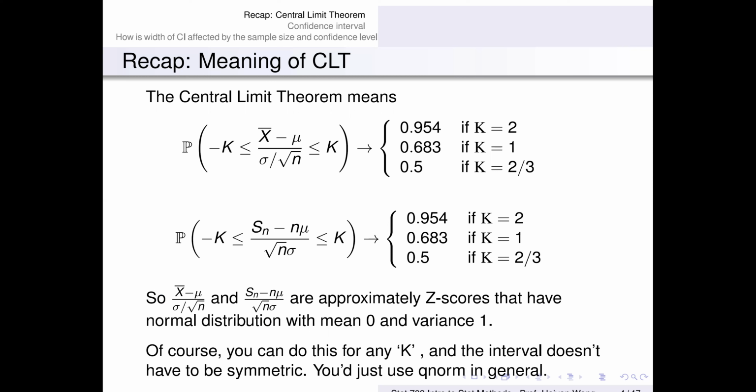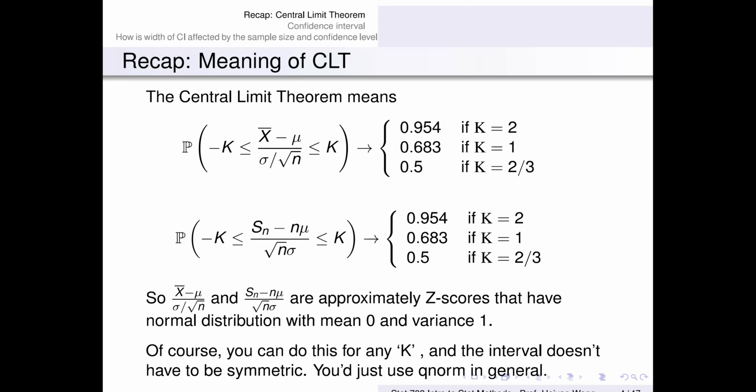If we consider just within one standard deviation around the mean, then that probability is going to be around 0.683. So for x bar, the sample average values within one standard deviation around the mean capture about 68.3% of the probability.